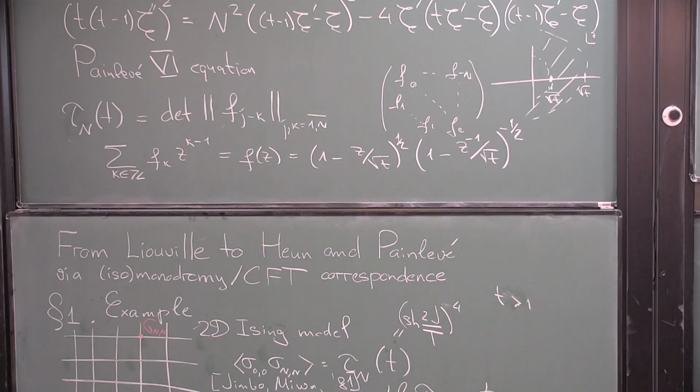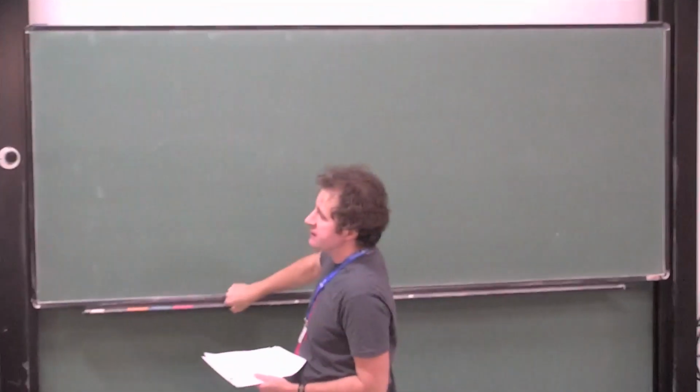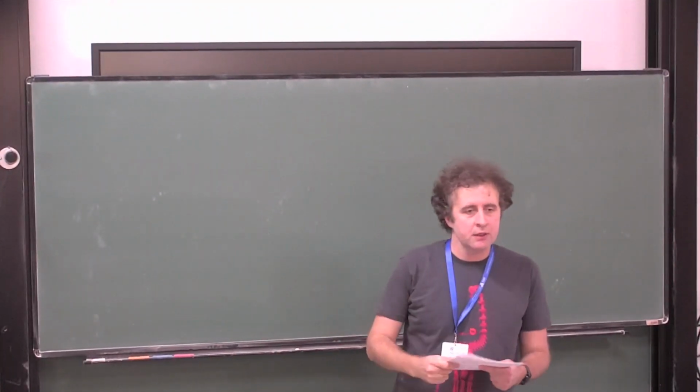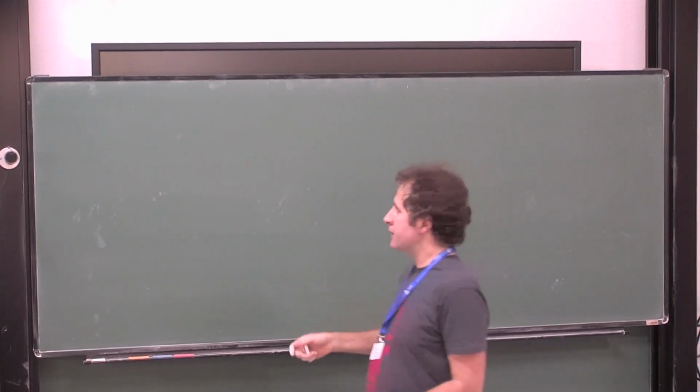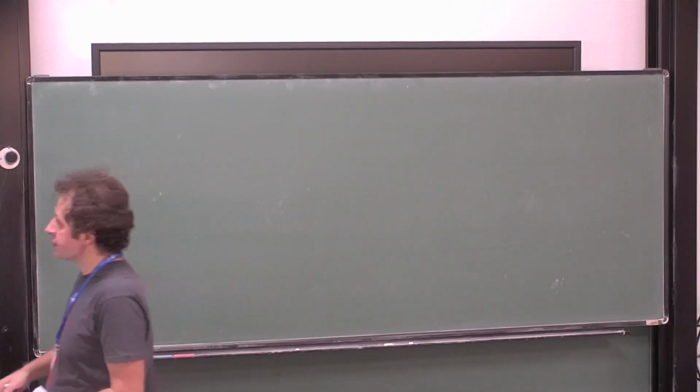Right. But now, once you have this Toeplitz determinant, you can easily transform it into a kind of random matrix theory average.